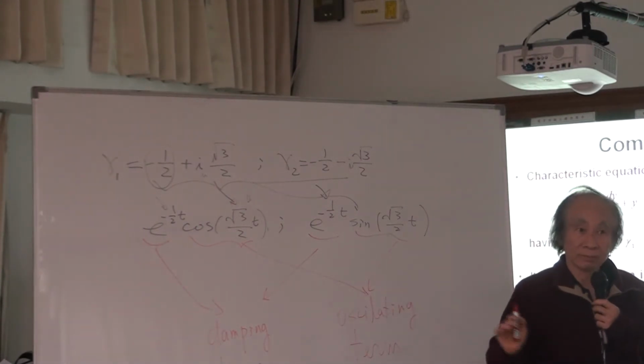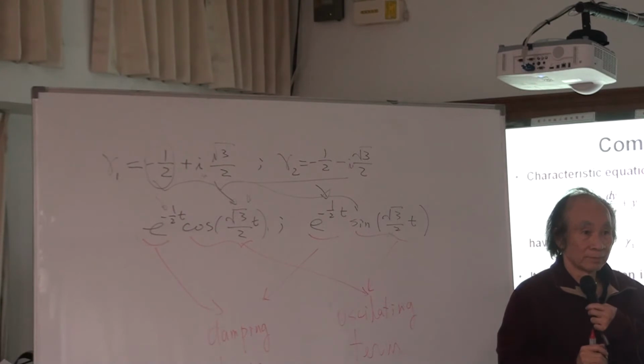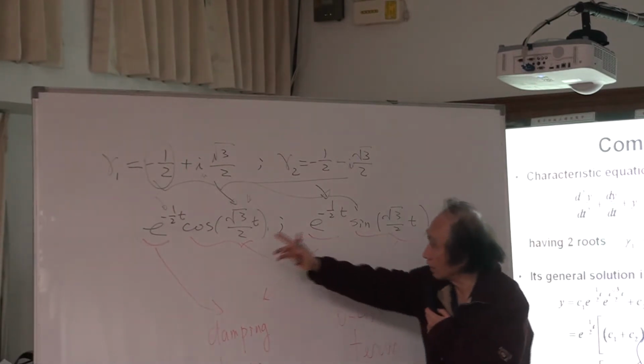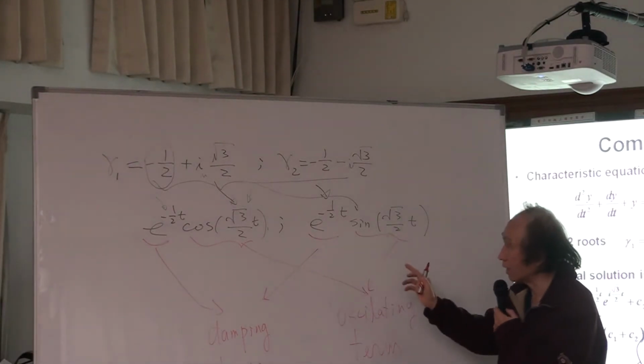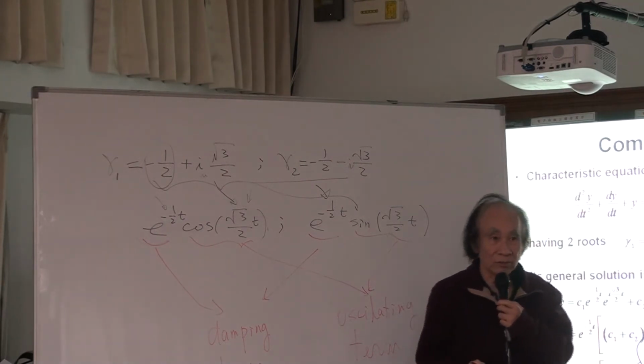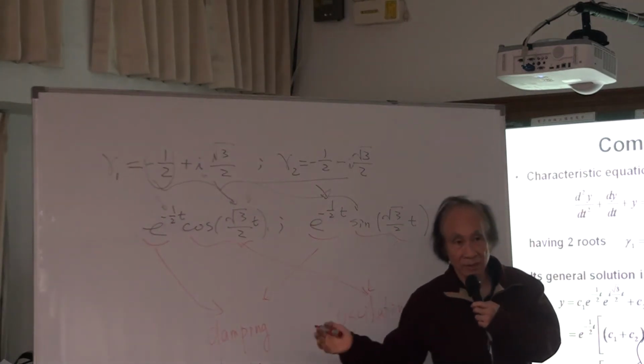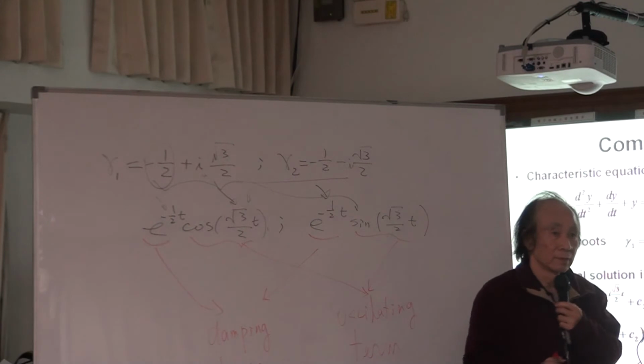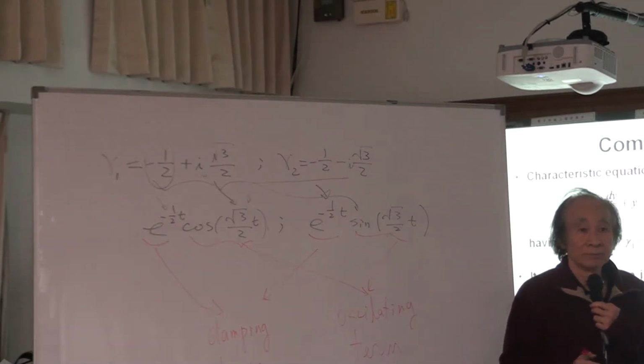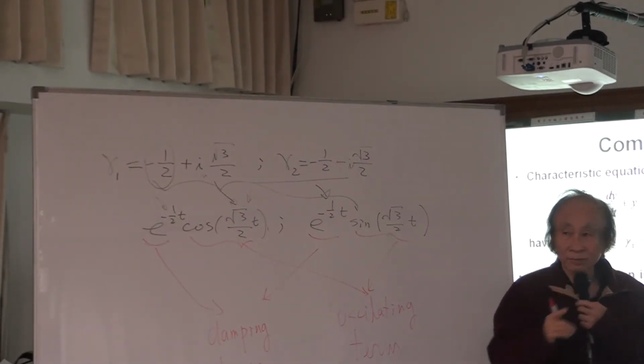I have no spring. So if you have the e term and cosine and sine, I have the combination of damping and oscillation. All right? This is the physics.